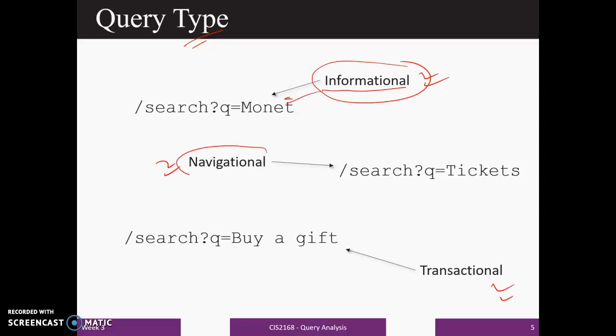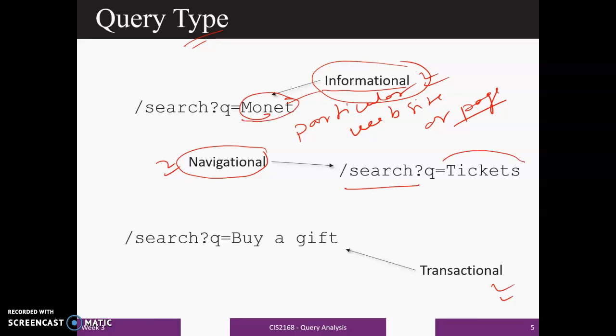Whereas if the user is searching about a particular website or web page, then we call it a navigational query. So here the user is searching about Monet, but in this example the query is a specific query, so the user intends to search about the tickets only.